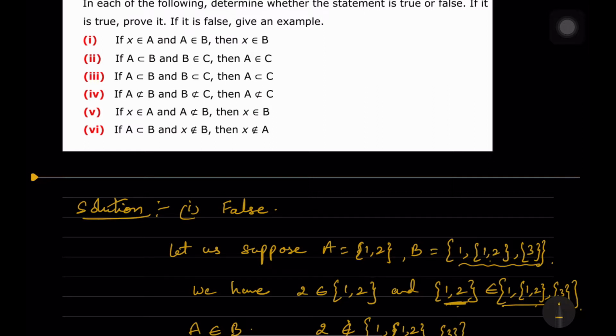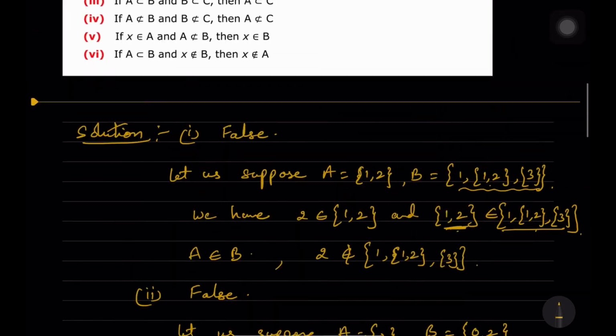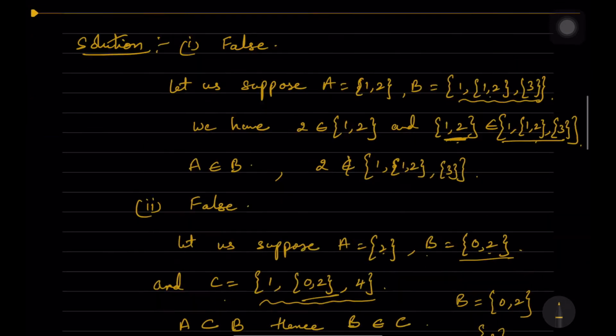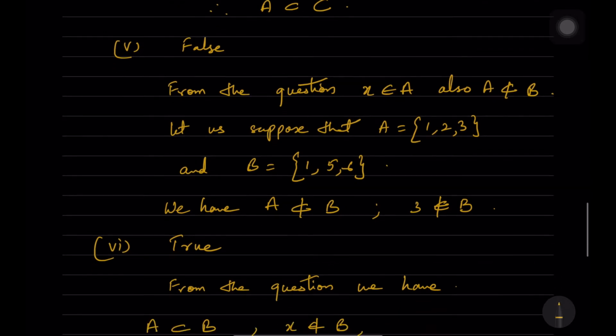Next, the fifth one. If X belongs to A and A is not a subset of B, then X belongs to B. So now we are going to the fifth one. The fifth one is also a false statement. We'll see why. From the question we have X belongs to A, and also A is not a subset of B. So let us suppose that A is equal to {1, 2, 3} and B is equal to {1, 5, 6}.